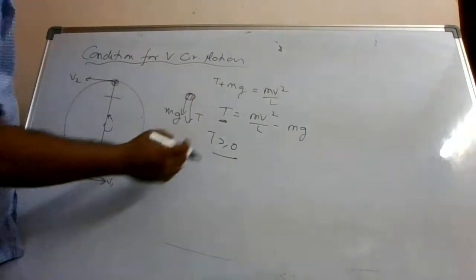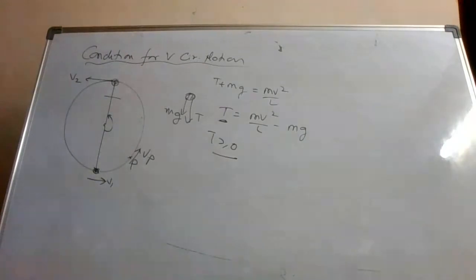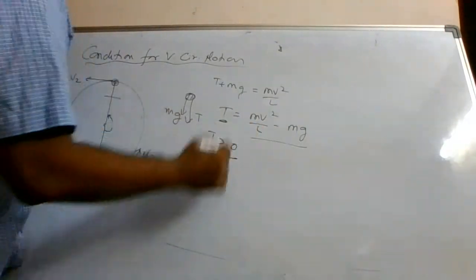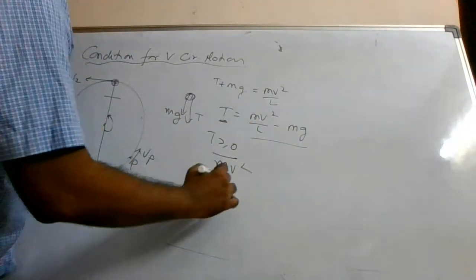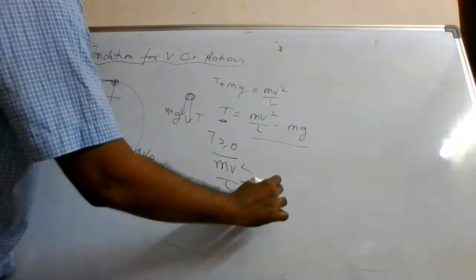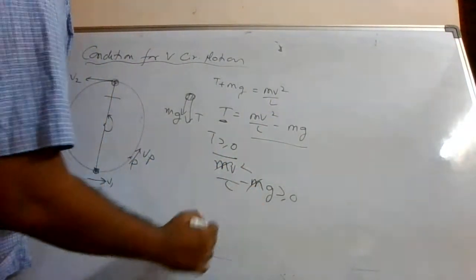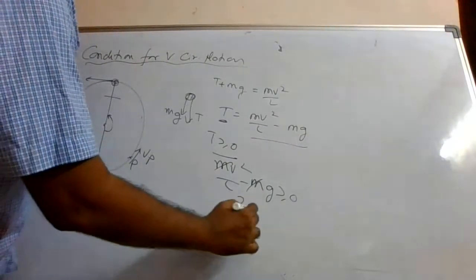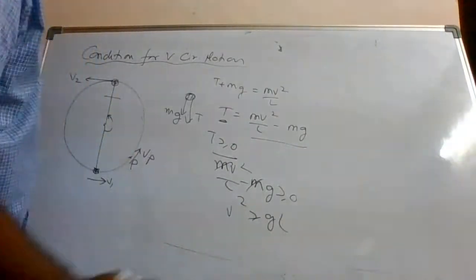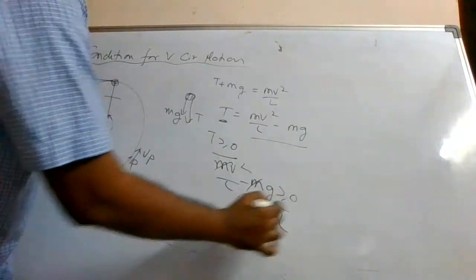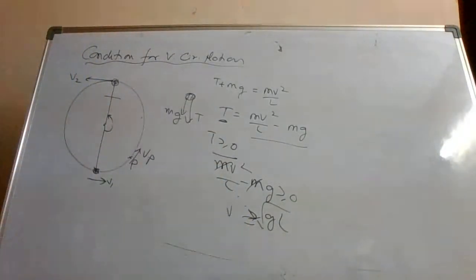This tension value should be some value more than 0. That means this value should be greater than or equal to 0. So cancel out, and v square should be greater than or equal to gL, or v must be greater than or equal to root over gL, where L is the length of the string.